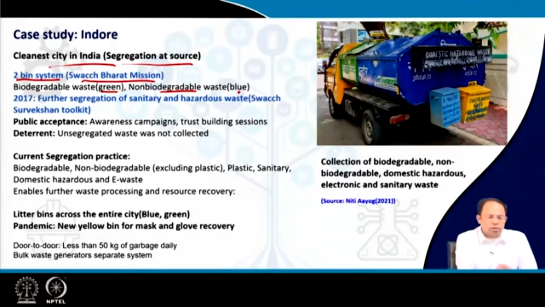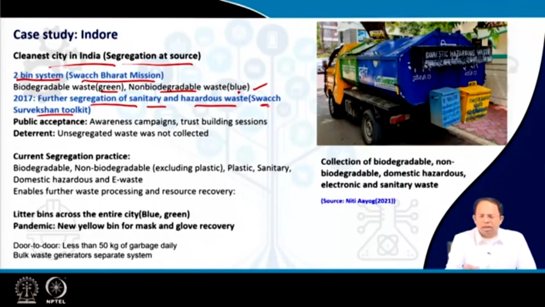And then in 2017, they found that people are following these rules. They are putting waste, they are doing proper segregation. So they thought, why don't we take this further? So they suggested further segregation of this non-biodegradable waste into sanitary and hazardous waste, and this was done as per the Swachh Survekshan toolkit.